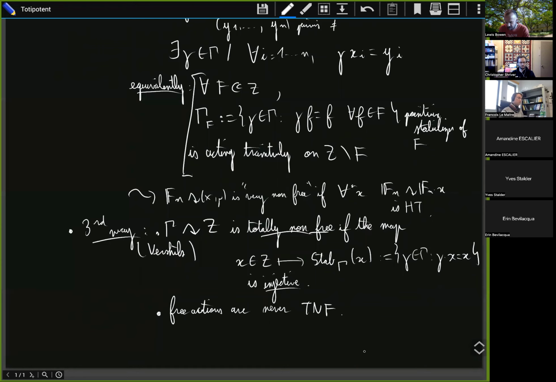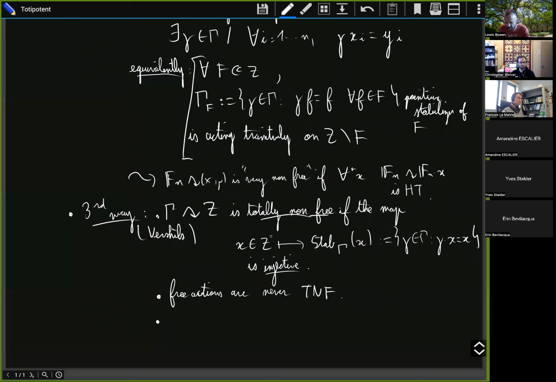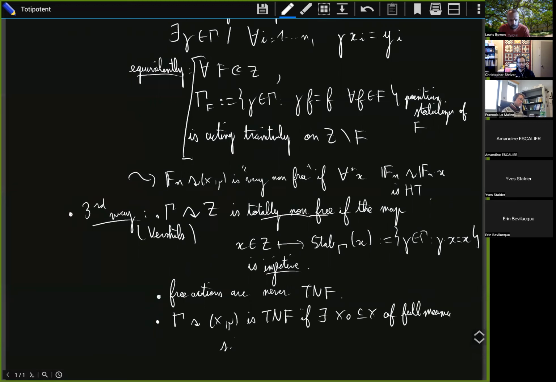And so what's the measured notion? Well, you just ask that this is injective, but you may have to restrict to a full measure set. So now a measure preserving action gamma on x mu is totally non-free if there is x0 in x of full measure such that the map x maps to the stabilizer of x is injective on x0.